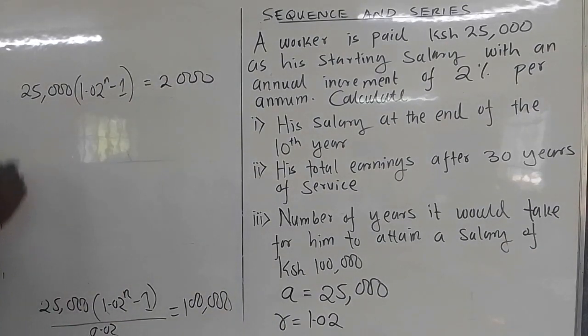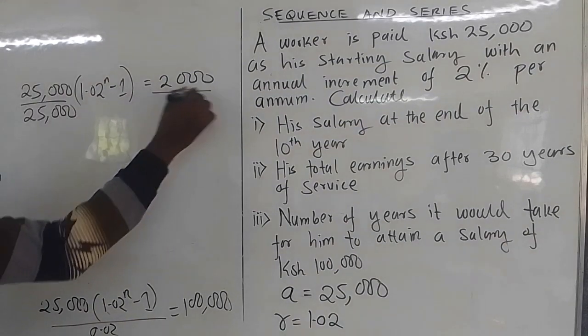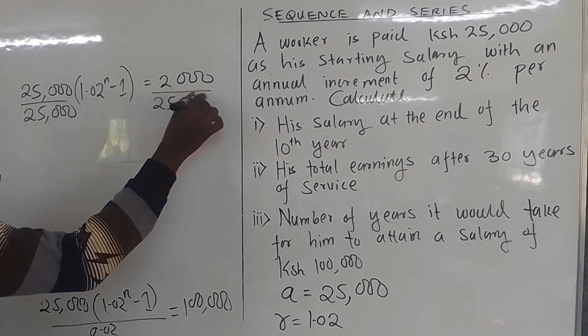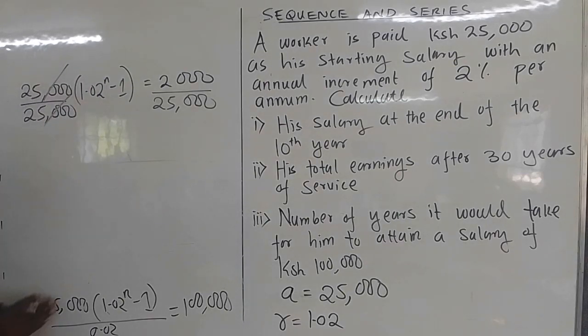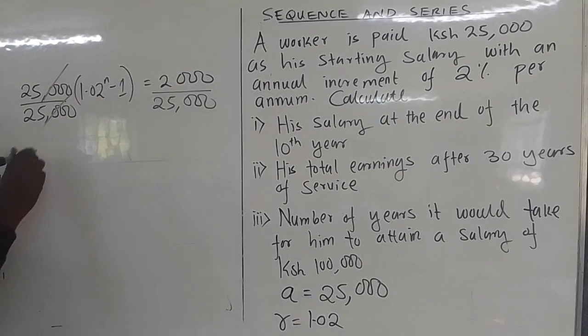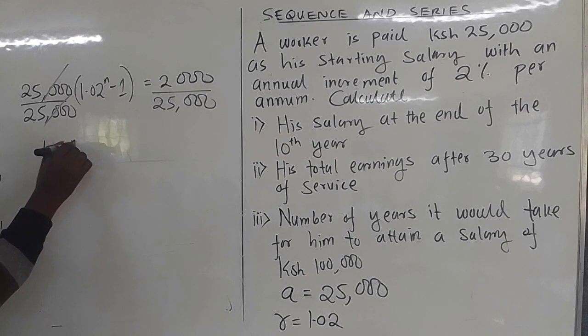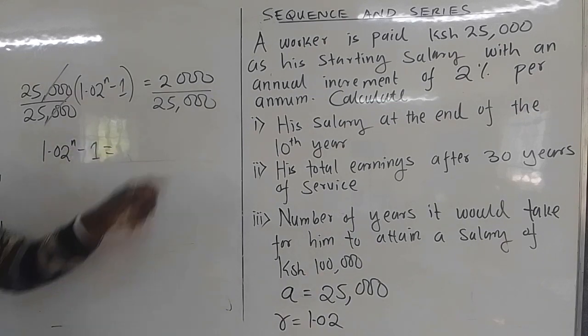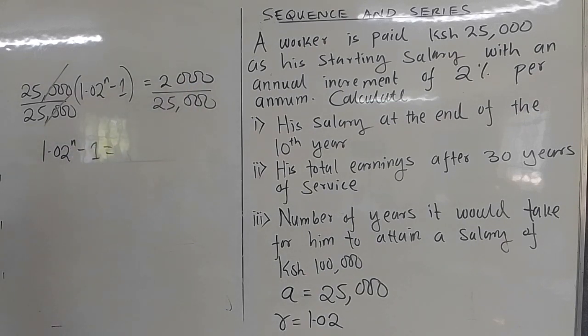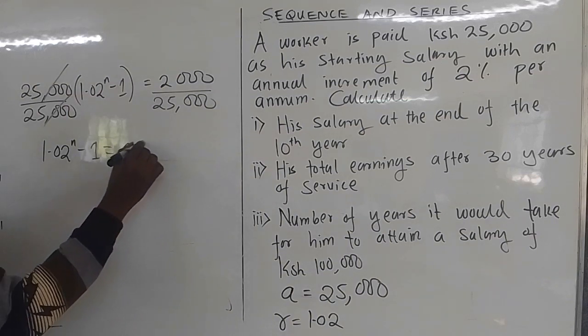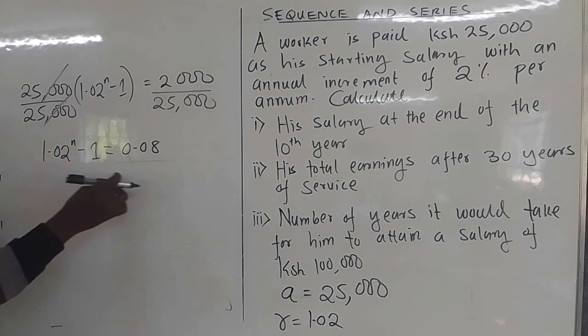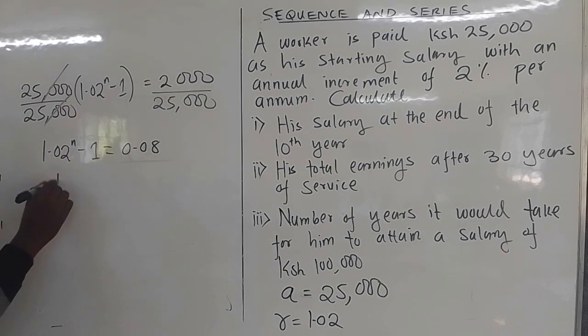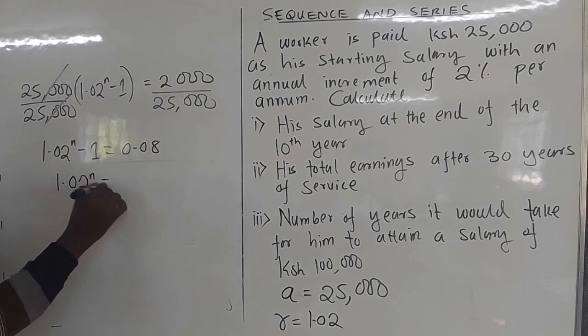Then the next we divide both sides by the coefficient, by 25,000, the coefficient here. So what do we have? 1.02 raised to power N minus 1 is equals to 2,000 divided by 25,000, which is 0.08.